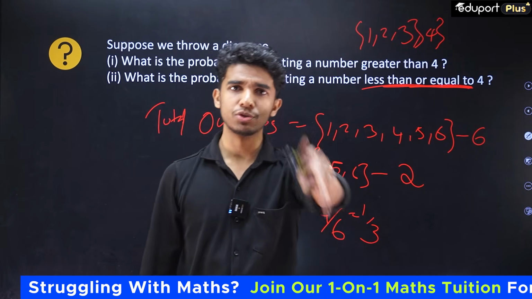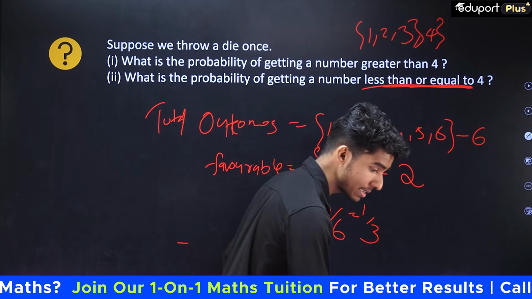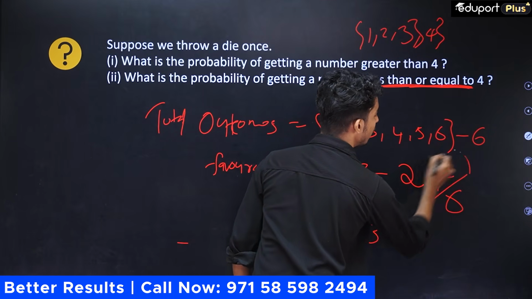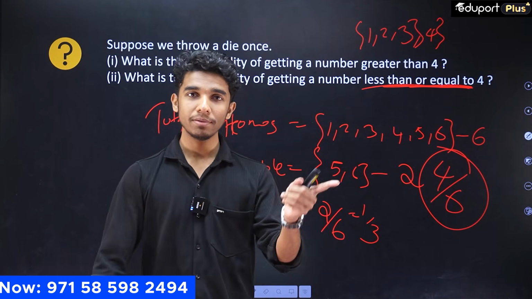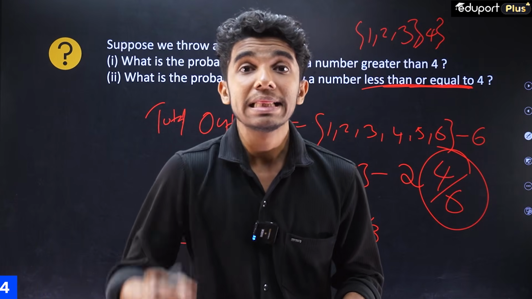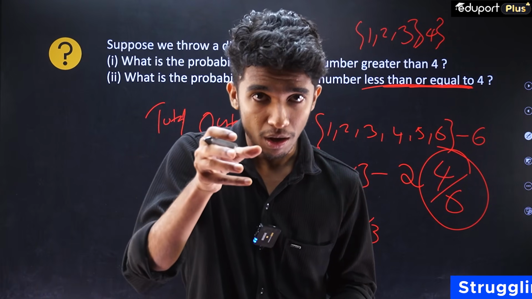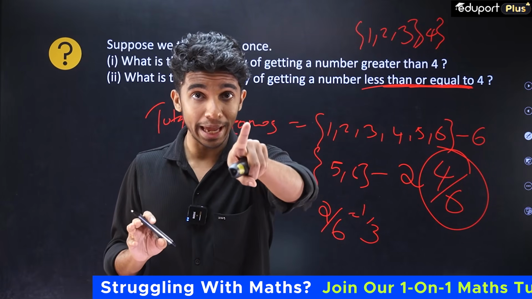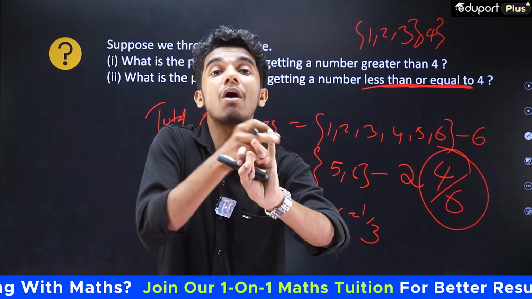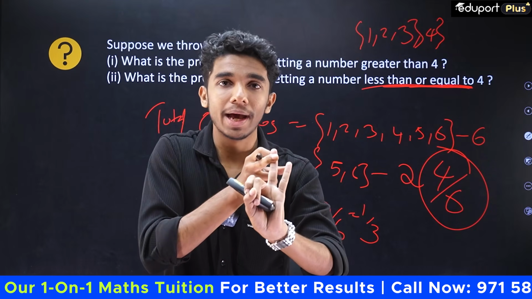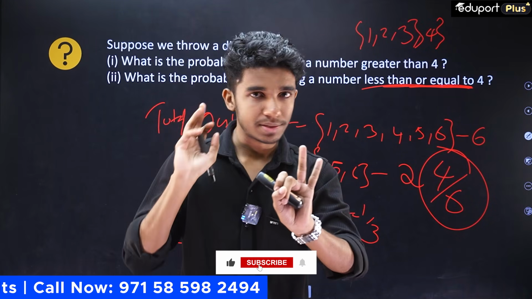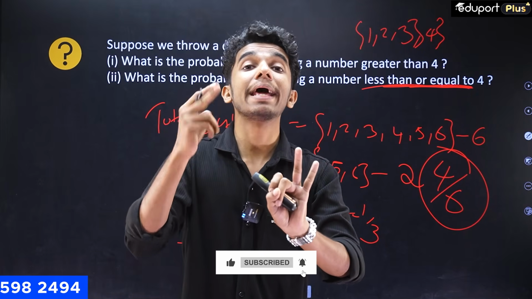So there are 4 favorable outcomes out of 6 total outcomes, so the answer will be 4 by 6. Simple questions. I think you have got the idea of probability. So now you can do problems with a coin, 2 coins and 3 coins, and throwing a die and 2 dice.